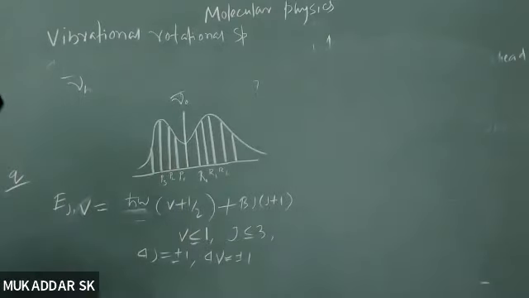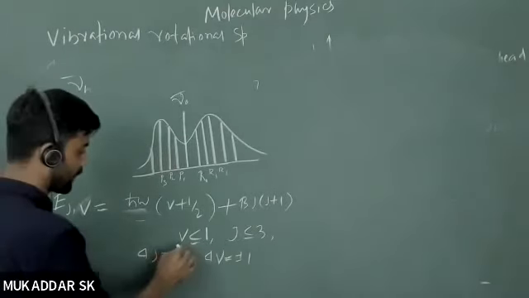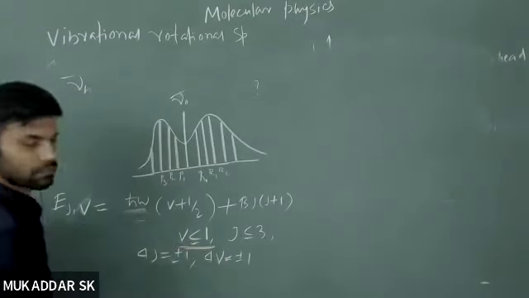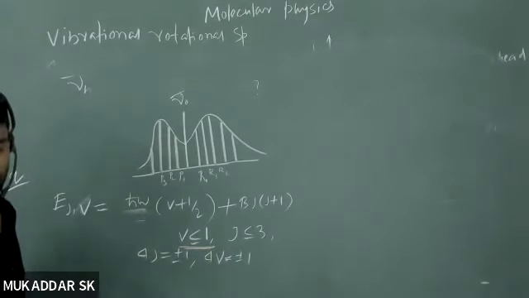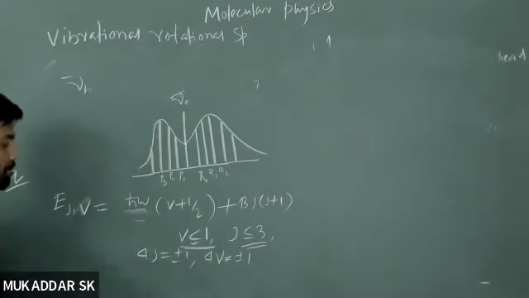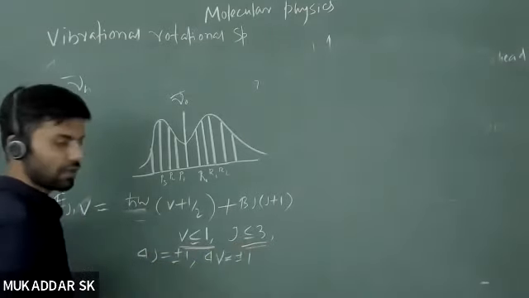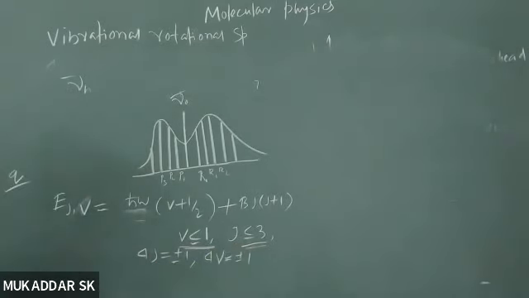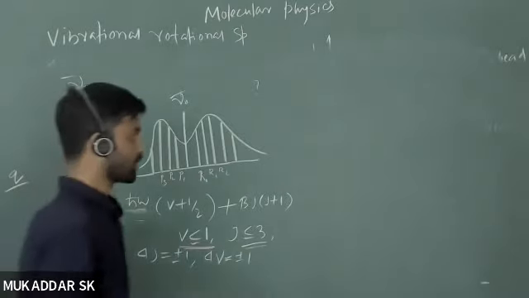So the transition is restricted on what? On v less than or equal to 1, right? And on J less than or equal to 3. So v less than or equal to 1 means v is possible from 0 to 1, and how many levels of J can you take? J is 0, 1, 2, 3, right? Okay, let me take.